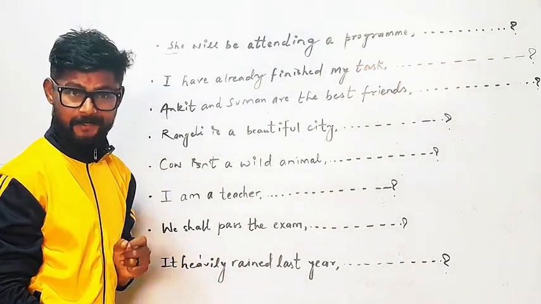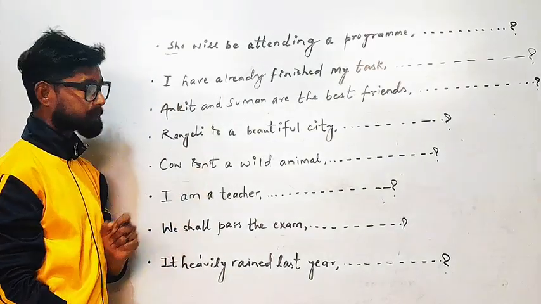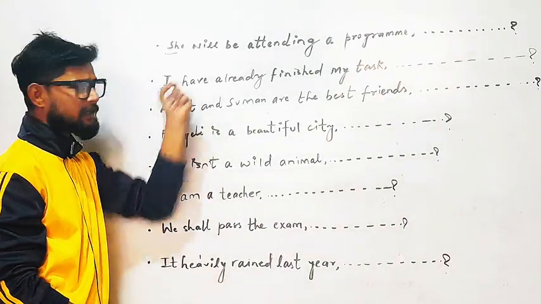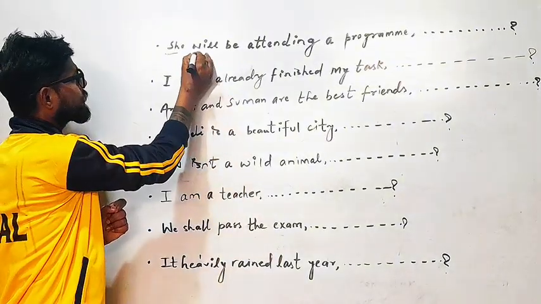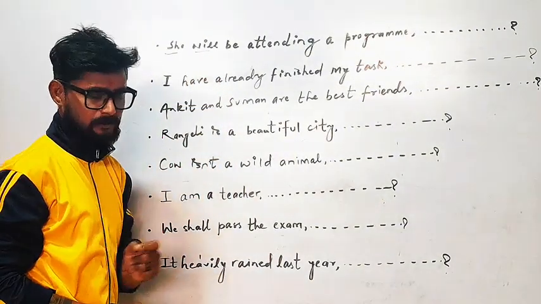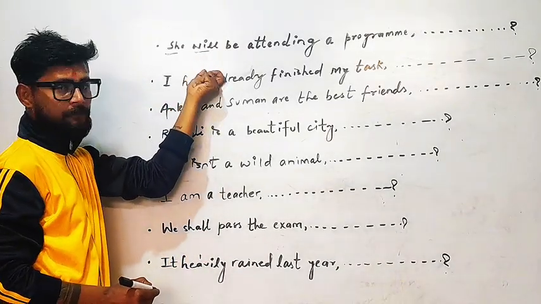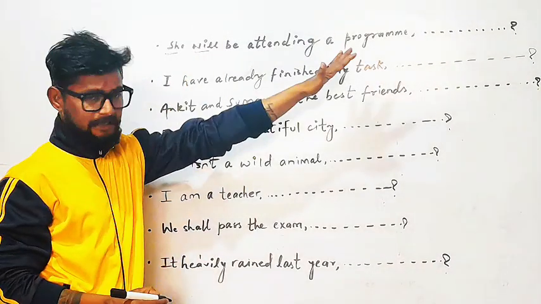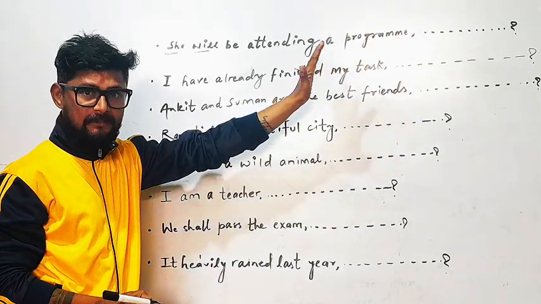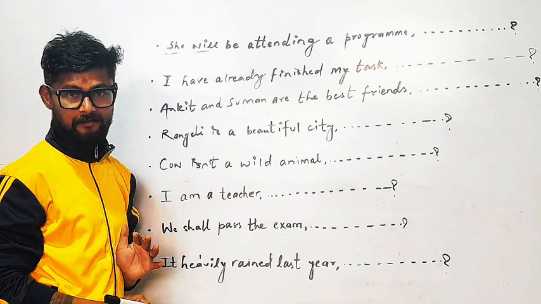What is predicate? Can we identify which is the helping verb in this sentence? Yes, definitely. This is will. Will is our what? Auxiliary verb or not? Helping verb or not? So with auxiliary verb, that is our second part, and this is called predicate.